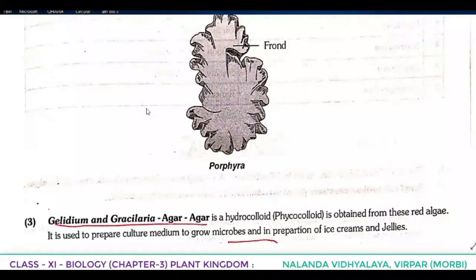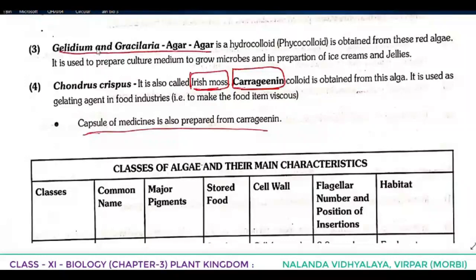Gelidium and Gracilaria, or commonly agar-agar. Agar is a hydrocolloid or phycocolloid obtained from these red algae. It is used to prepare culture medium to grow microbes and in the preparation of ice creams and jellies.